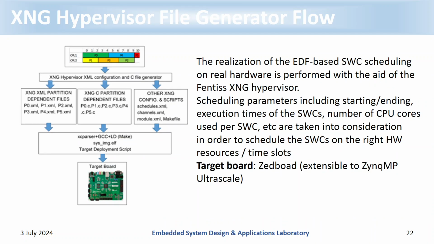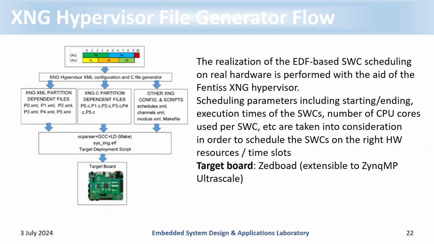The realization of the EDF-based software component scheduling on real hardware is performed with the aid of the Fentiss XNG hypervisor. Scheduling parameters including starting, ending, execution times of the software components, number of CPUs used per software component, etc. are taken into consideration in order to schedule the software components on the right hardware resources and time slots.